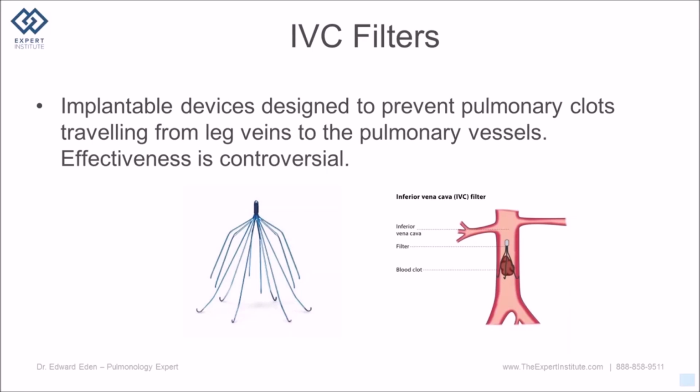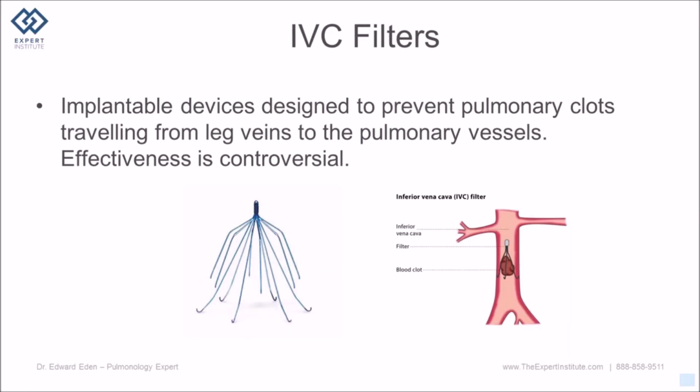IVC filters, they are controversial. On the left is one of the devices available. It looks like a little umbrella or a spider web upside down, and you would think that you put this in the inferior vena cava on the right diagram there, and it would capture all these clots that come up from the leg veins, which are the common site, trap them, and prevent them from going to the lung. Well, in fact, different IVC filters have different performance.